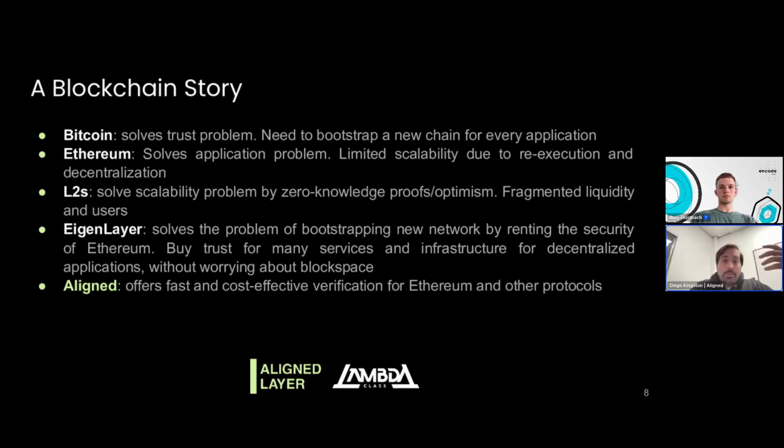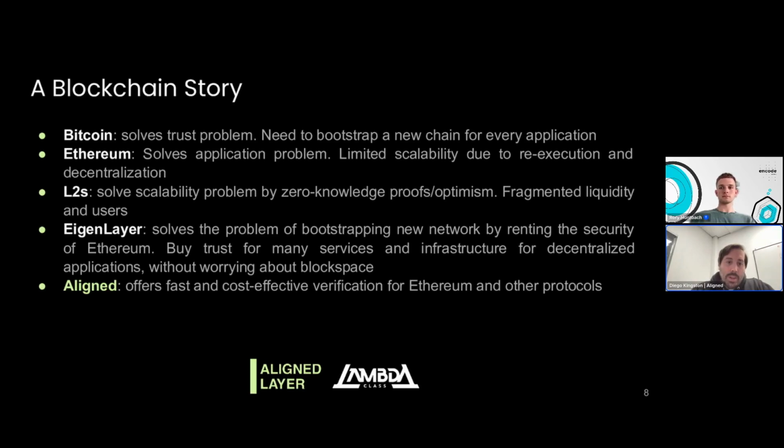So it's now much easier to launch decentralized applications or services. The idea is you can buy trust for many services and infrastructure, and one of them is precisely Aligned. Aligned is going to make use of this alternative by renting a subset of the validators of Ethereum, and it will be backed by a subset of the security of Ethereum.